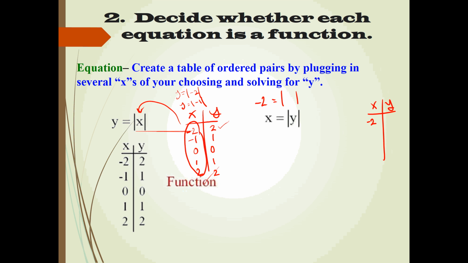to figure out what its output would be or what the possible y is, we have to ask ourselves what y would give an x value or output of negative 2 in this sense.